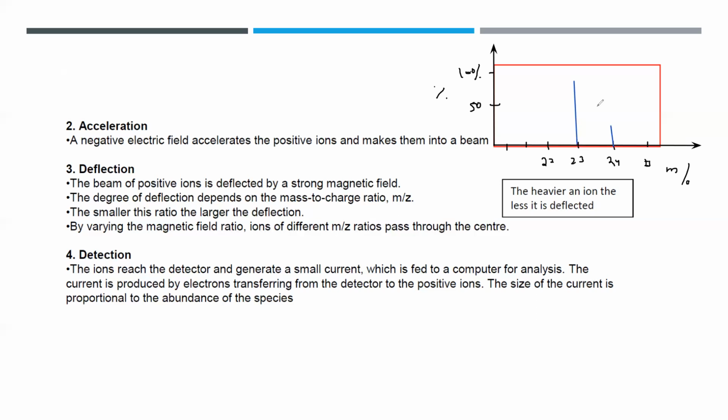When we have an element in the atomic state and we are getting two peaks, it means there are two isotopes. And the relative percentage on the y-axis: the one which is more abundant will give a greater relative percentage, and the one which is less abundant gives a smaller relative percentage. For example, say this is 80%, so this one is 20%.